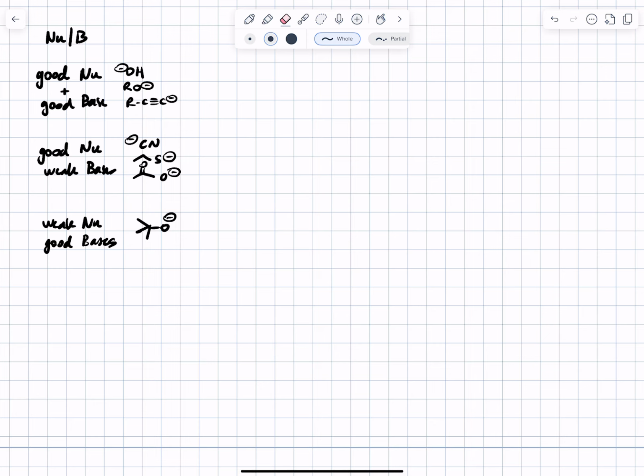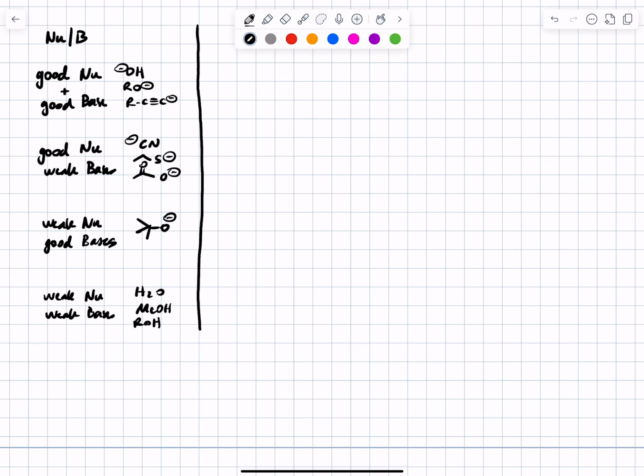And then we'll also have a final category of molecules that are weak nucleophiles and weak bases. And these are going to include water and alcohols generally. Okay? So you have 4 different groups of nucleophiles.